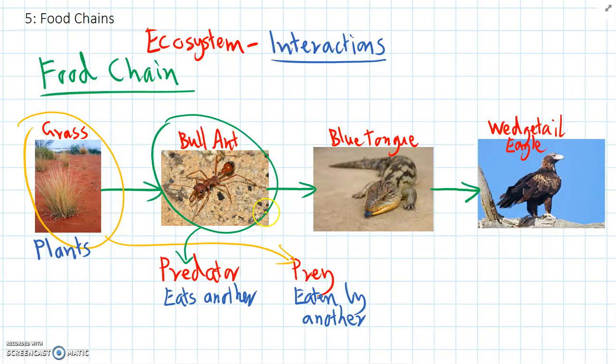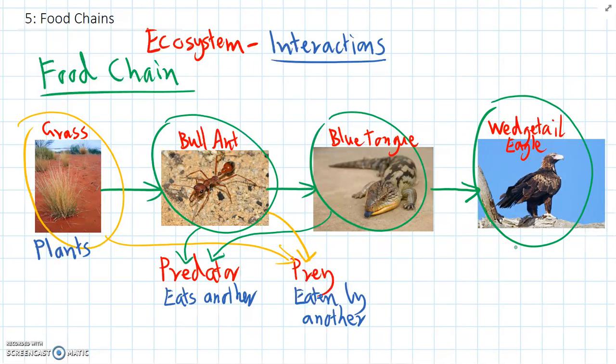So the bull ant is a prey to something else as well, while the blue-tongued lizard is a predator. So the food chain shows that a lot of species can be a predator and a prey at the same time. But we can see that the grass is only a prey, and the wedge-tailed eagle, nothing else eats it, so it is only a predator.